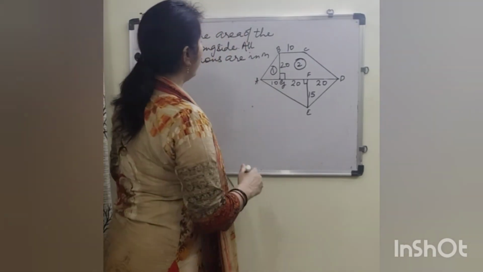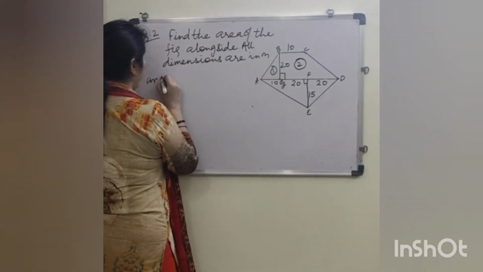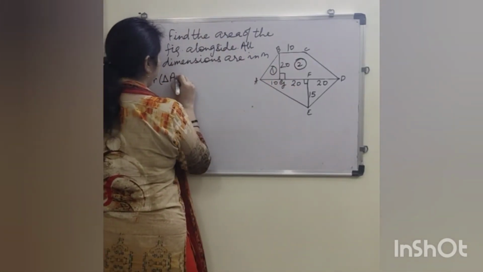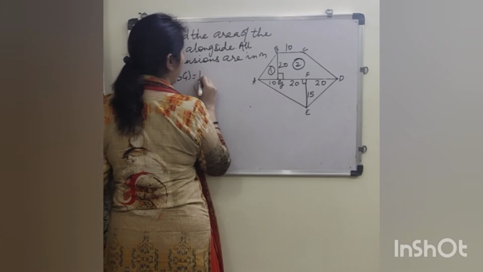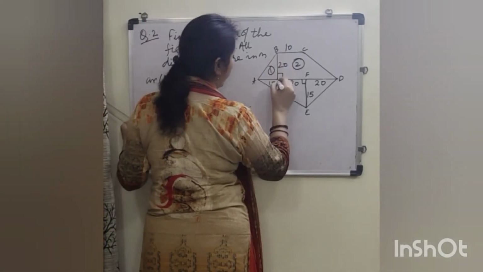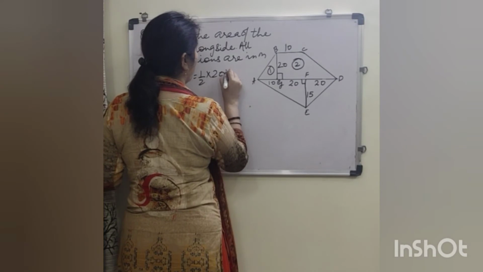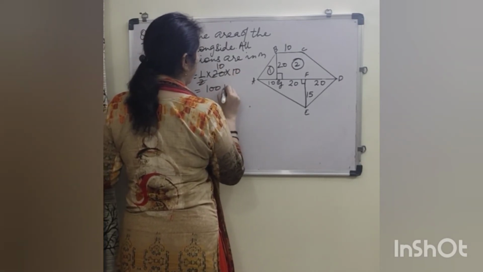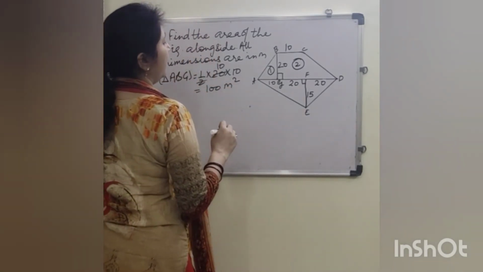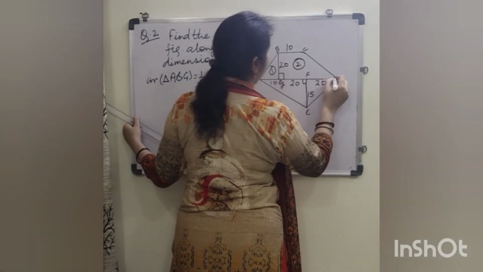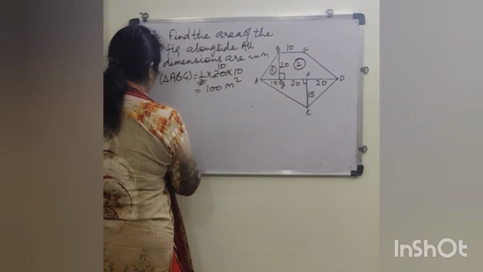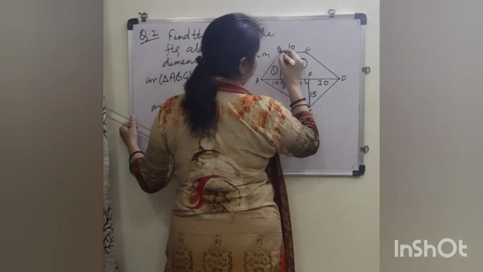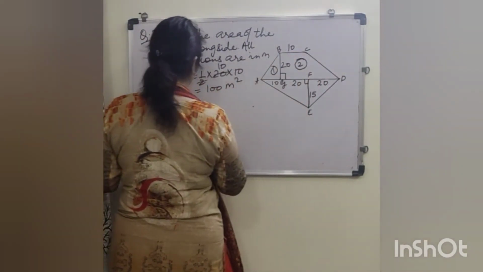So let's begin with the first figure. Area of triangle ABG is equal to half the product of legs. One leg is 20, another is 10. So 20 into 10, that is 100 meter square. Now second comes the area of this trapezium. What is the name of the trapezium? BGDC.